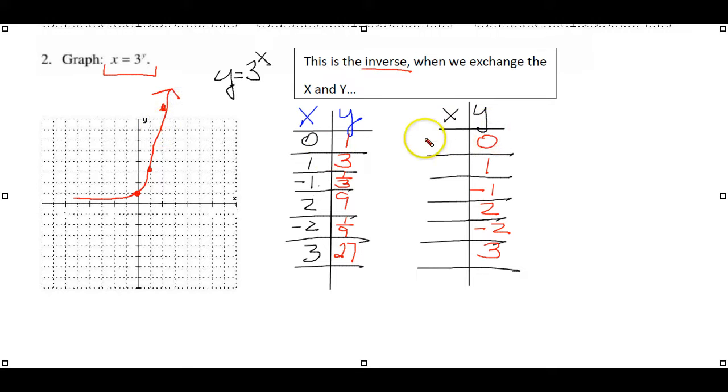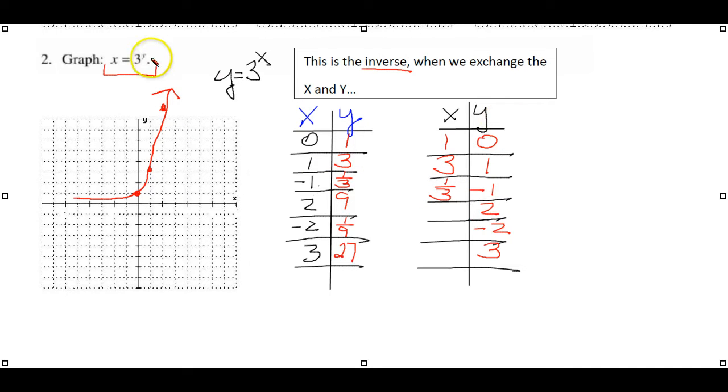Now, what will these be? Now, when y is a 0, anything to the 0 power is 1, so this becomes 1. Now, if y is to the first power, 3 to the first is a 3, and if it's a negative 1, this is its reciprocal, 1/3.